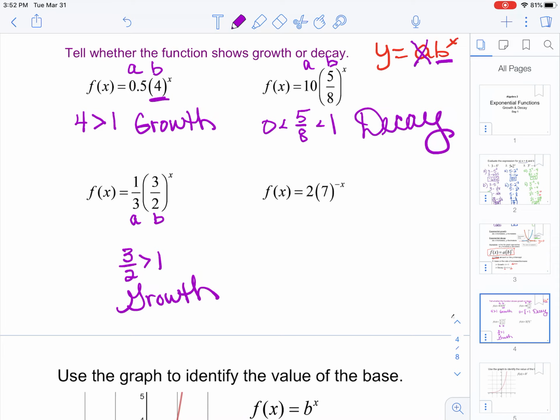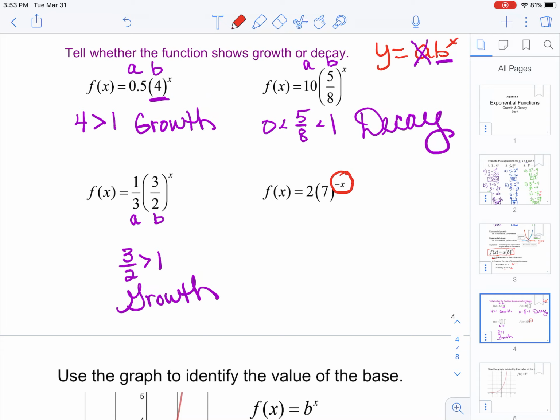And then our last one, a lot of you just look at it and you say, ooh, 7, 7's bigger than 1, so it's a growth, but we made it tricky. Tricky, tricky, tricky. Look at that negative. We talked about what we did with negative exponents. That means whatever number this is has to go to the denominator.